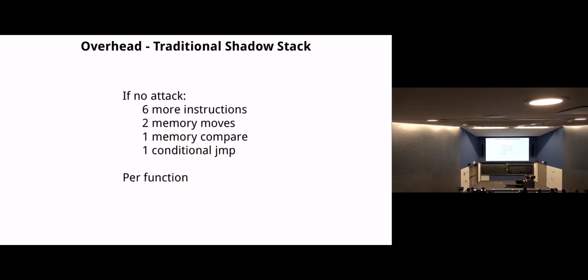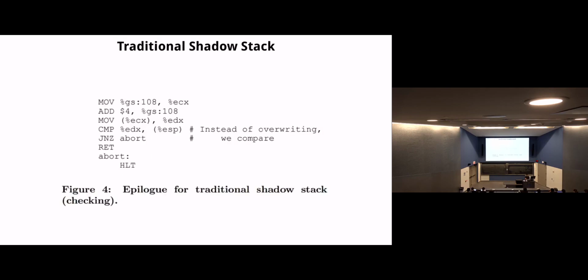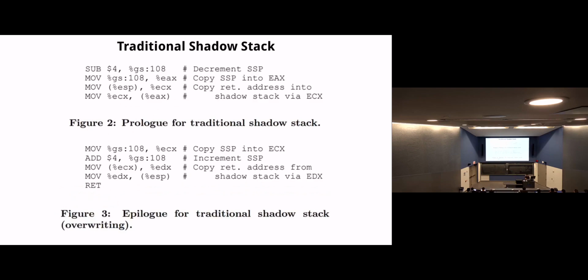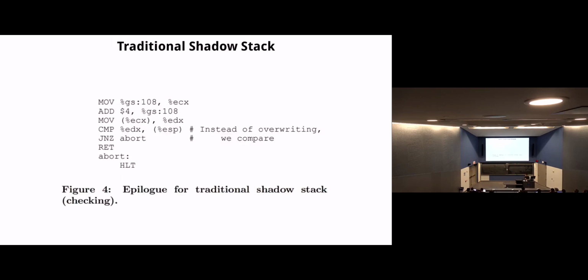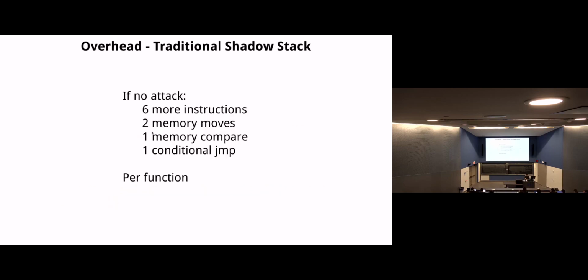As you can see, this one is kind of slow. For every function, we have to instrument the prologue and epilogue. So those are at least 6 more instructions, actually more than that. There are many more memory moves, and for this one, there could be memory compare and also conditional jump. So the overhead is a little bit high.